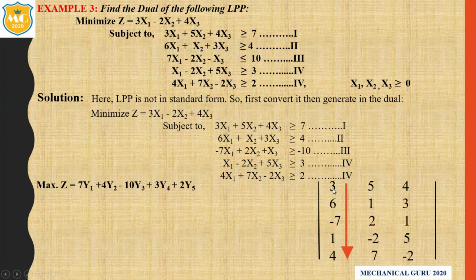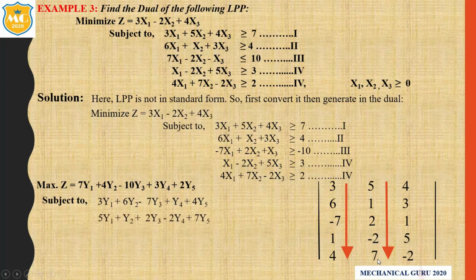So the first equation 3y1 plus 6y2 minus 7y3 plus y4 plus 4y5. Simple. Similarly second, 5y1 plus y2 plus 2y3 minus 2y4 plus 7y5. And the last, 4y1 plus 3y2 plus y3 plus 5y4 minus 2y5.